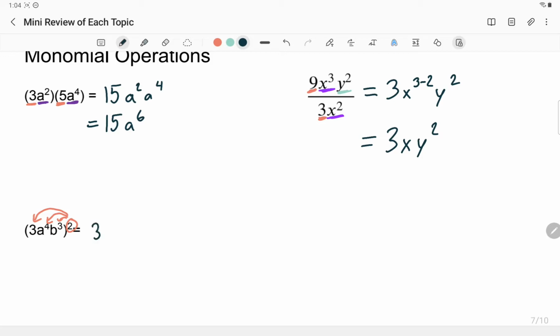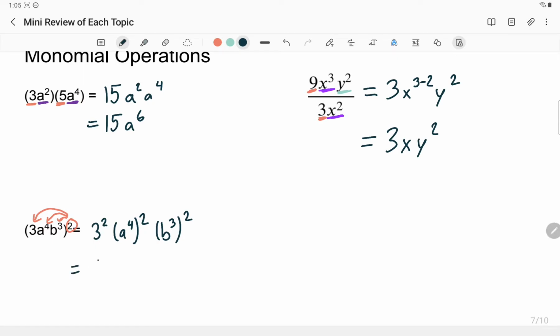So you're going to have something like 3 to the exponent 2. You have a to the power 4, which is also going to get another exponent, which will be 2. And then you have b to the power of 3, and that's also going to get the exponent 2. So you've basically brought that exponent from outside the brackets and put it inside to everything.